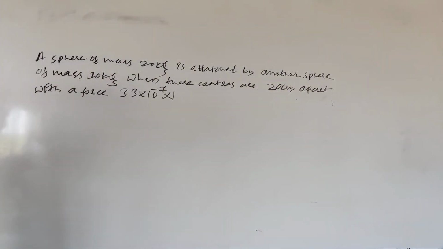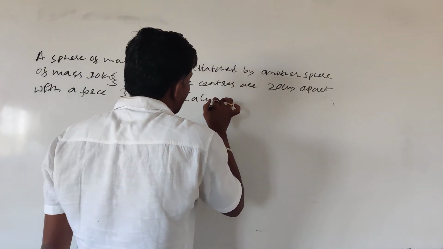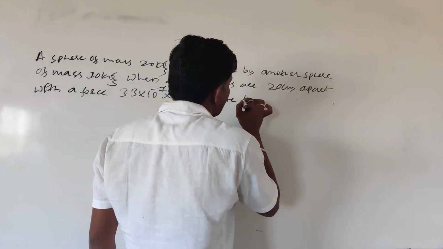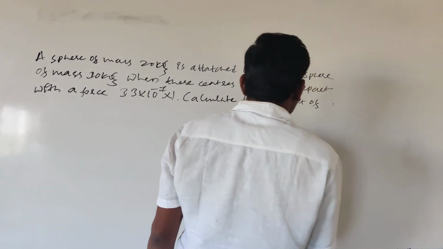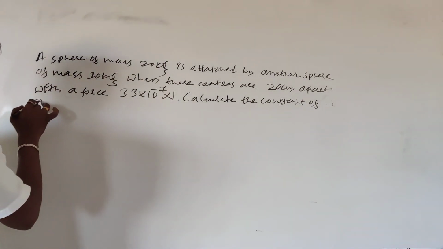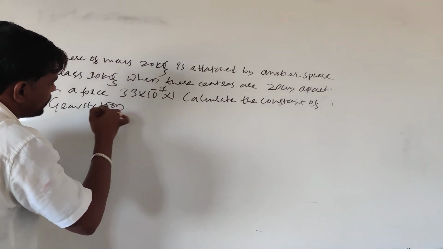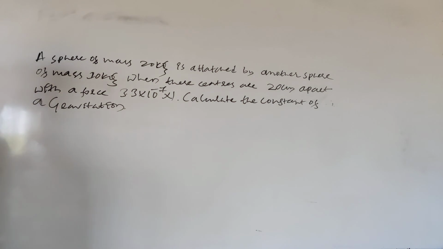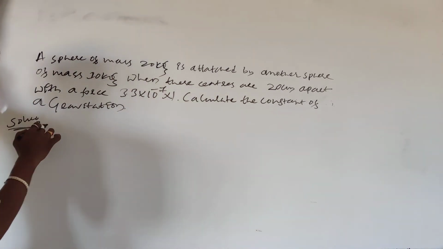Calculate the constant of gravitation. Here, the solution becomes: two masses are there.